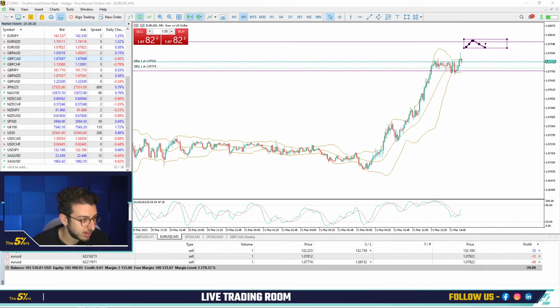My brain is starting to... So basically you have 6% divided by 20. It will be 0.3% per trade, which makes sense. So if you have the 5ers account, don't risk more than 0.3%. I think that makes sense.